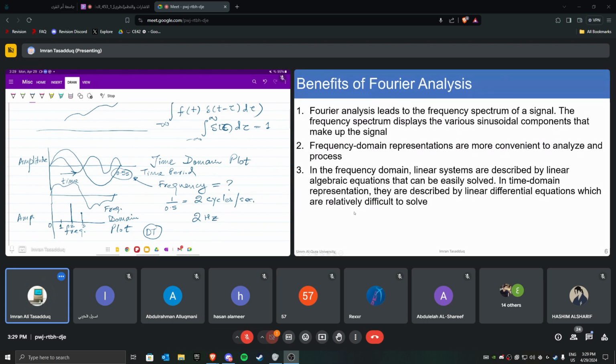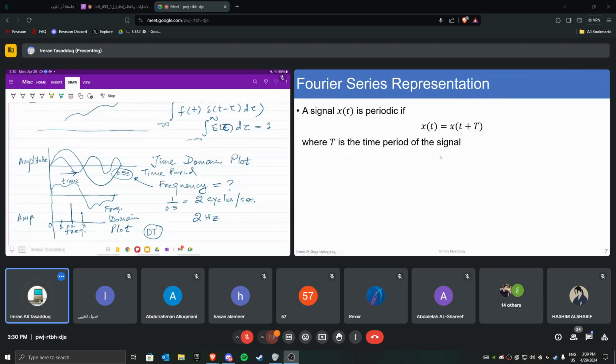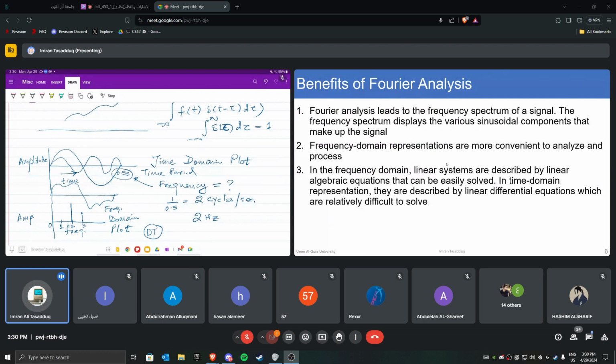All right. What are the advantages of Fourier analysis? It tells you the frequency spectrum of a signal. What is the meaning of a spectrum? A spectrum is a plot that shows the various sinusoidal components that you have in your signal. There is something called a spectrum analyzer, normally in the physics labs.